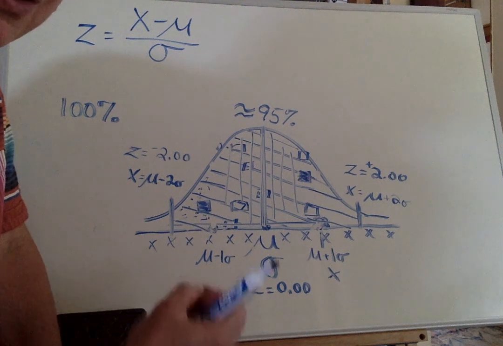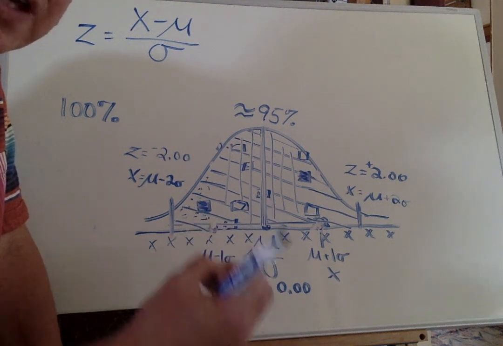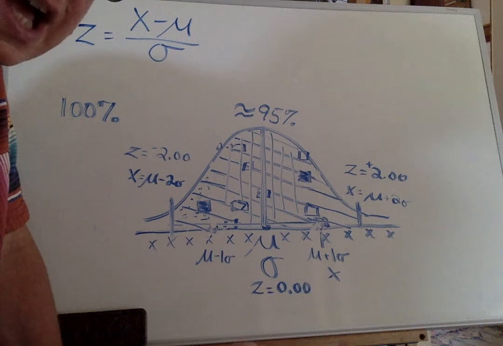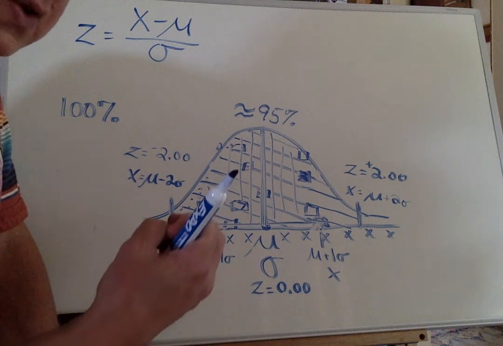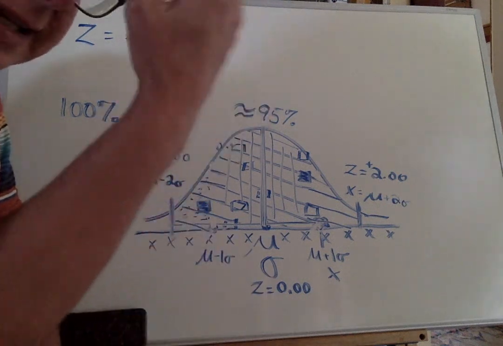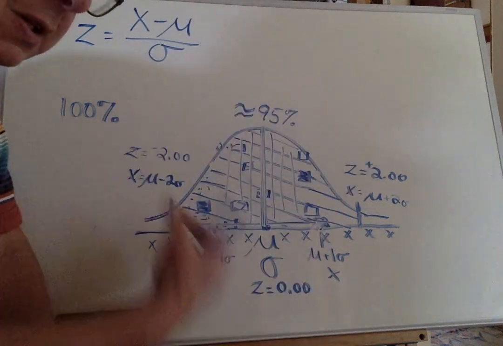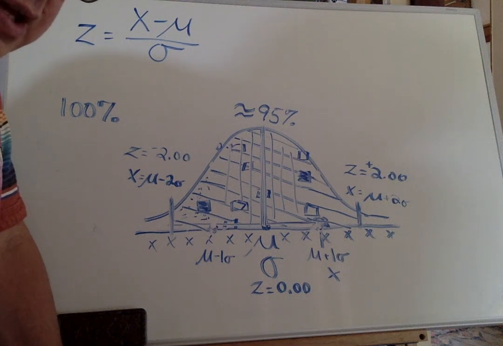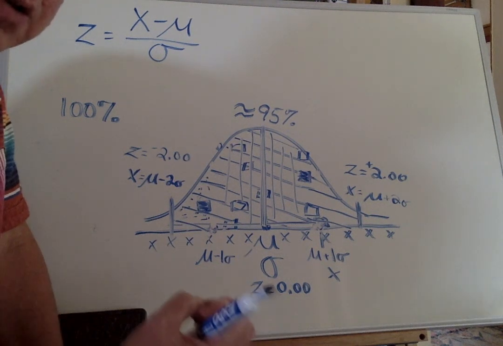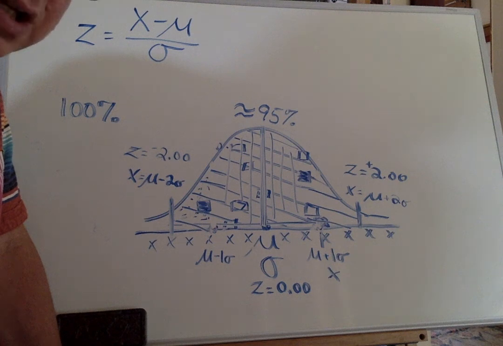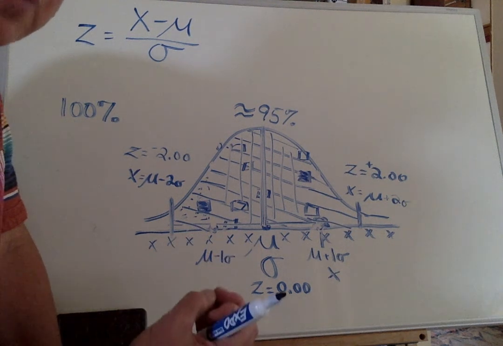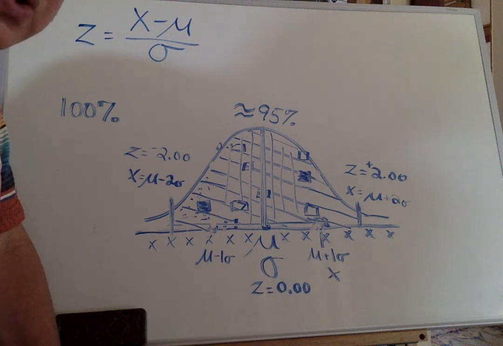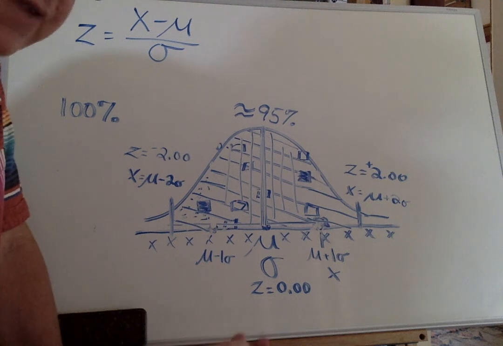That means that only 5% of the population falls outside of 2 standard deviations of the mean. Again, this is our first entry into thinking about distributions and people and these populations. To have a score that's more than 2 standard deviations away from the mean is pretty darn rare. It only occurs 5% of the time. Most people score within 2 standard deviations of the mean. That's a fact.